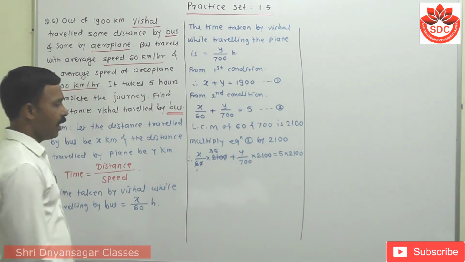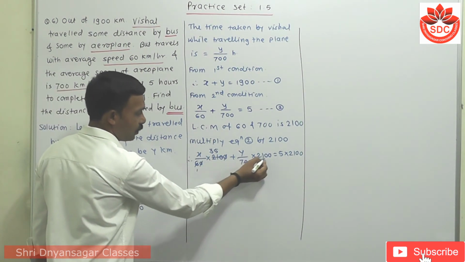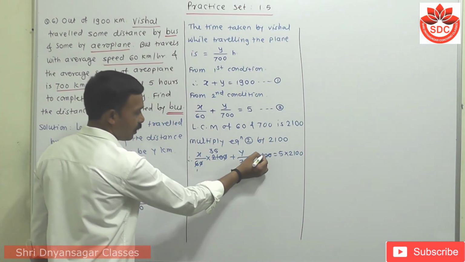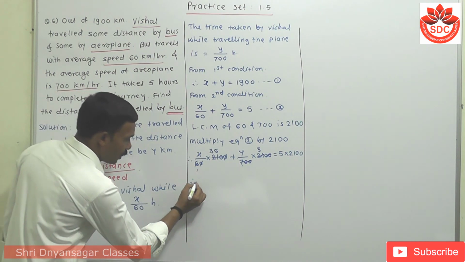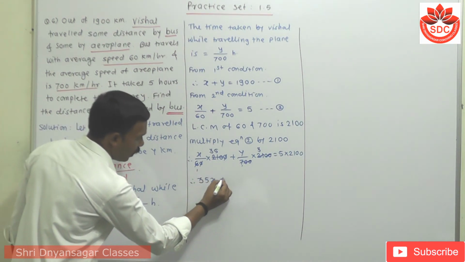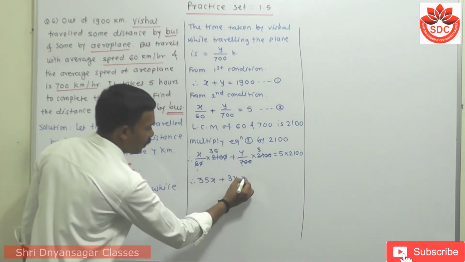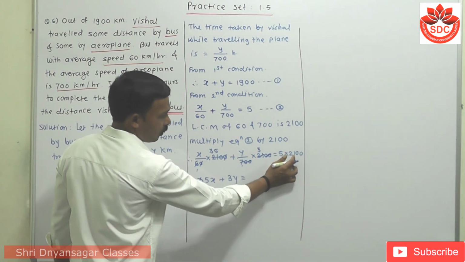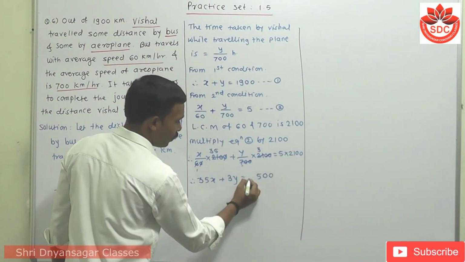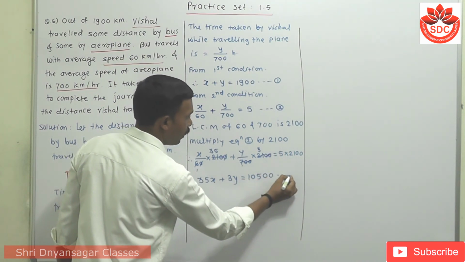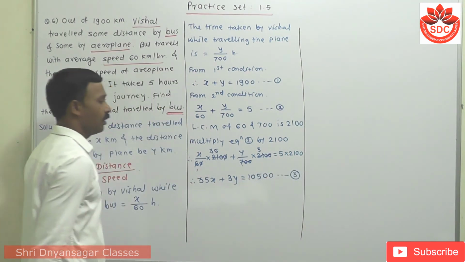Here also we can simplify, these two 0s get cancelled. 7 1s are 7, 7 3s are 21. Then the equation is 35x plus 3y is equal to 5 into 2100, which is 10,500. Suppose this is equation number 3.